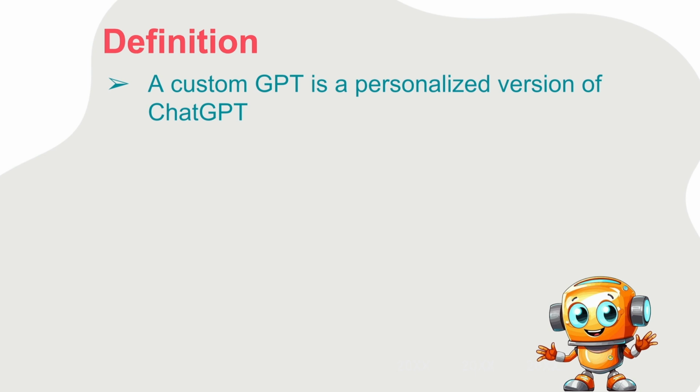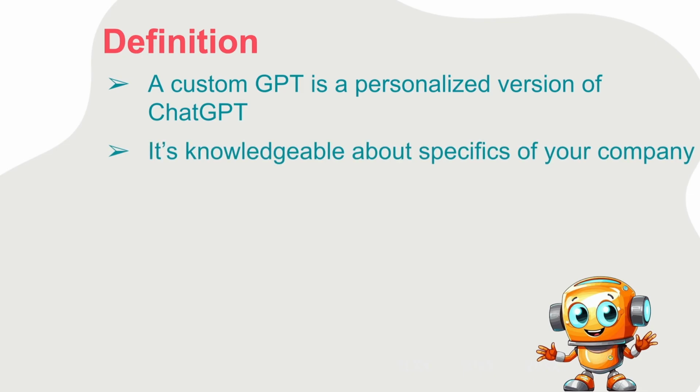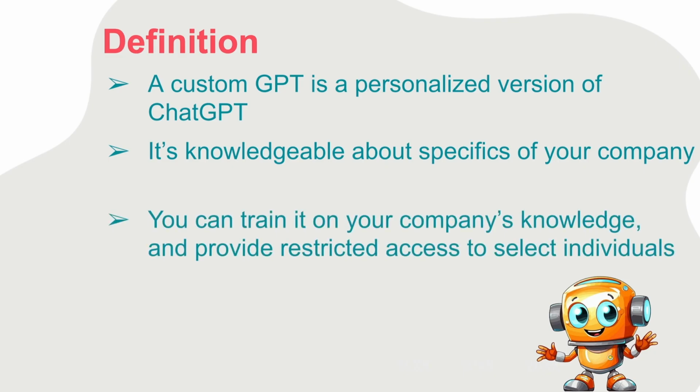So imagine if it was the default ChatGPT, but was expert about exactly what you were doing and knowledgeable about all the specifics inside your company that usually externally no one knows. And you can train the custom GPT on your company's knowledge and provide access to select individuals.